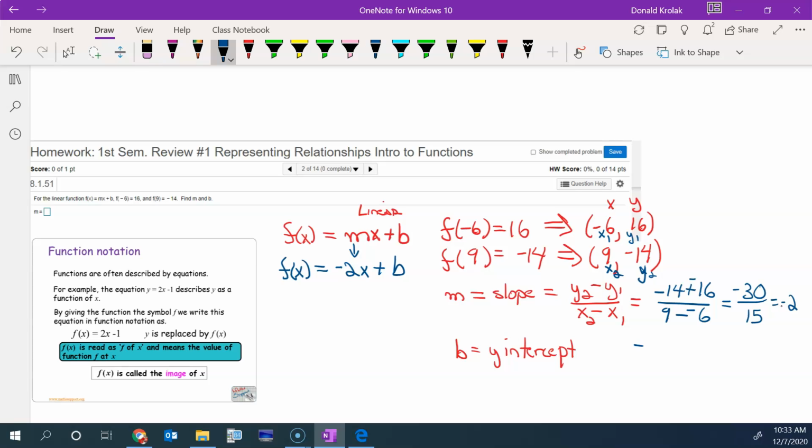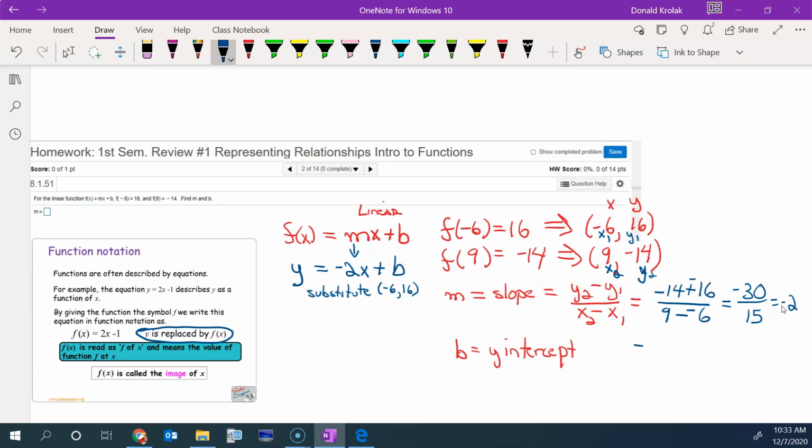Okay, and now I want to find b. So remember, f of x, guys, is the same thing as the coordinate y. So I'm going to take that out and replace it with a y. Now I'm going to substitute the coordinates of one of these points. I can substitute -6, 16 or 9, -14. It doesn't matter. I'm going to use -6, 16.